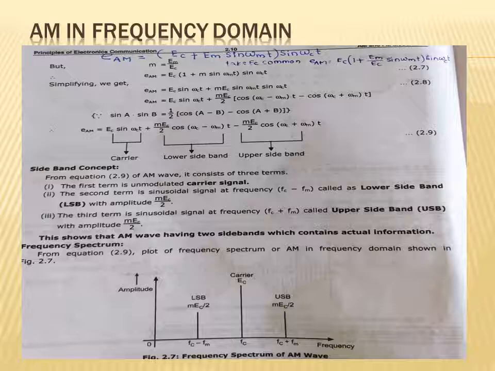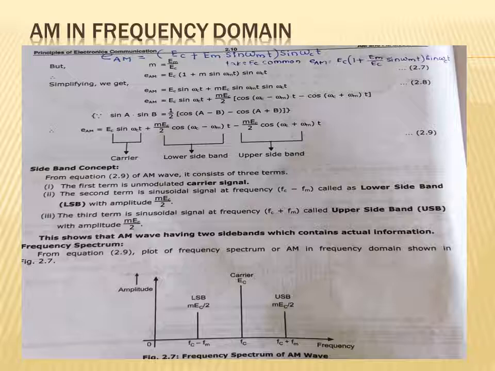The first term is the carrier signal, the second term is the lower side band, and the last term is the upper side band. The second term has the frequency fc minus fm.